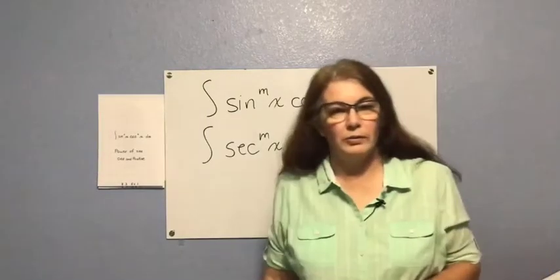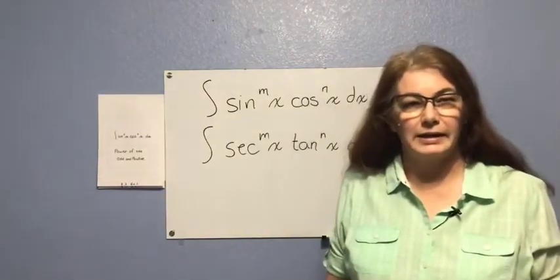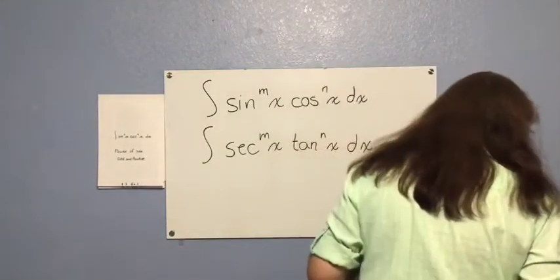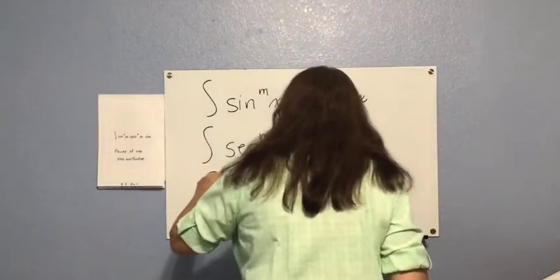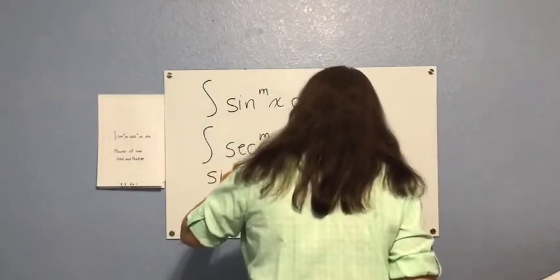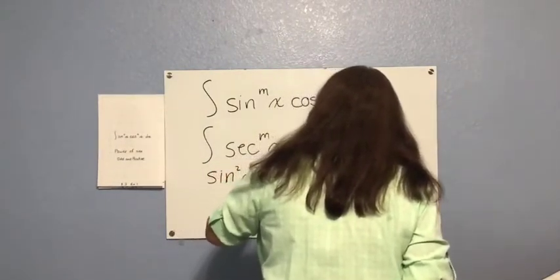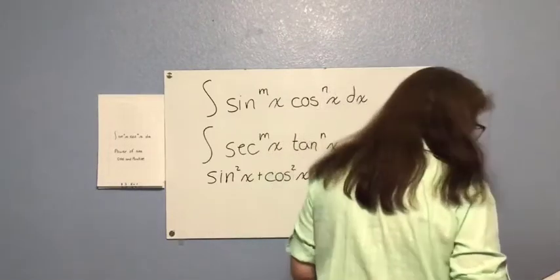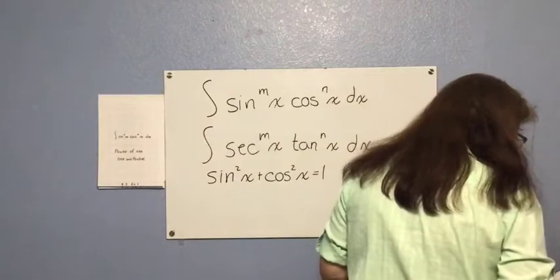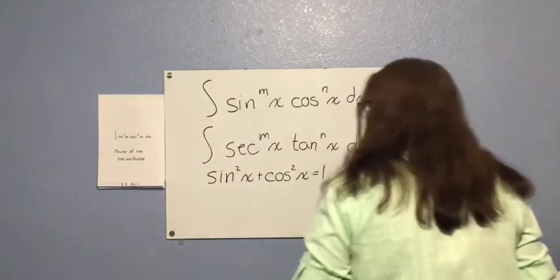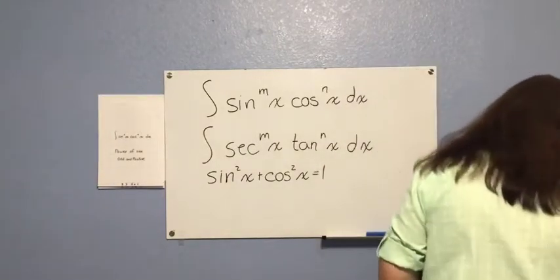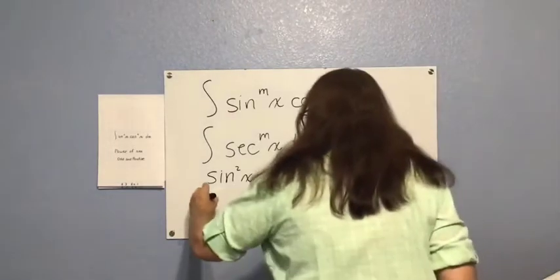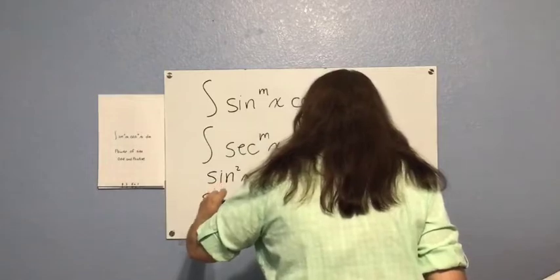Okay. First, I want to review a couple of trig identities that are going to be useful to us. It's one that I think you're probably very familiar with already. We can also use this one that's called the power reducing formula.